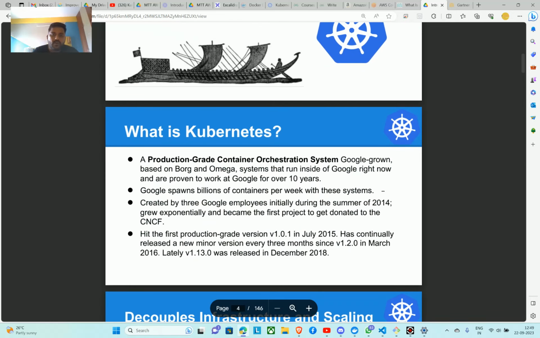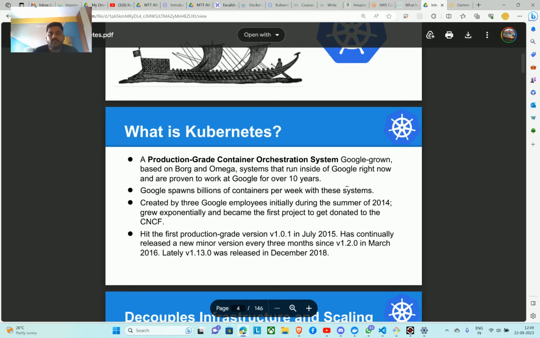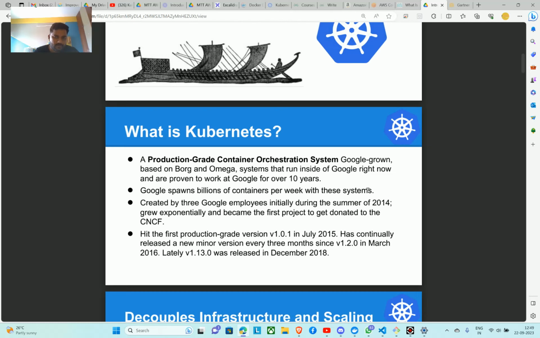Okay. So if I have to talk more about Kubernetes, it is a production grade container orchestration tool or system. Okay, it was developed at Google based on the Borg and Omega projects, and it is more than 10 years old. Google, as we all know, spawns billions of containers per week and they are using Kubernetes.